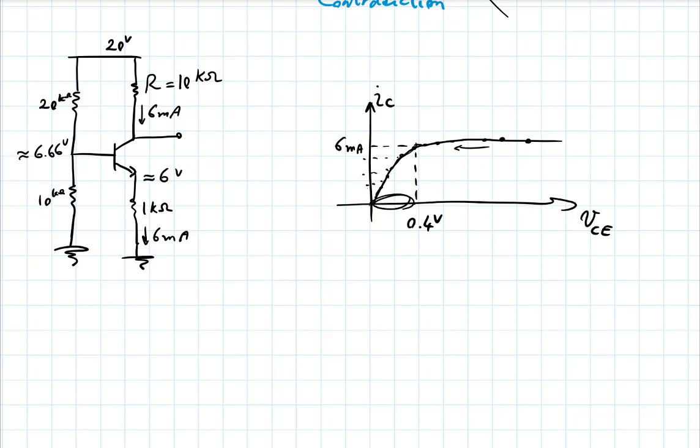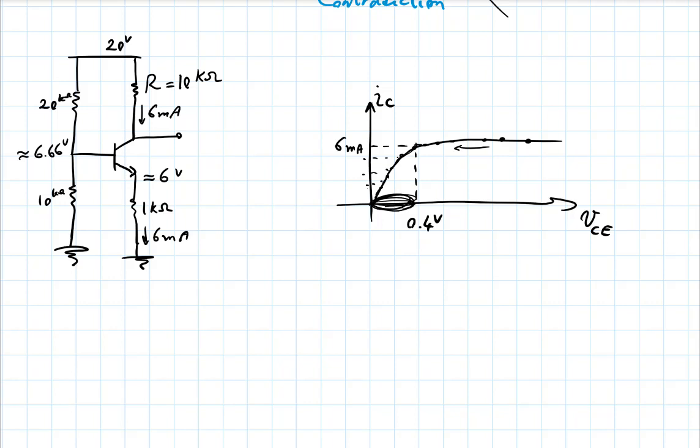So what does happen here? That's exactly what happens. This collector emitter voltage, like I said, will start playing in this range. It will keep going down, but very, very slowly as you go to higher and higher resistance values there.